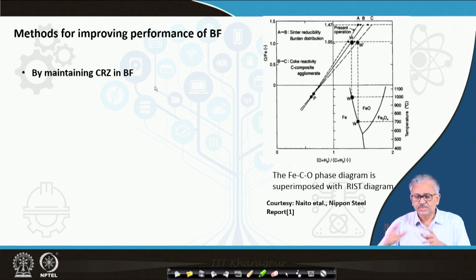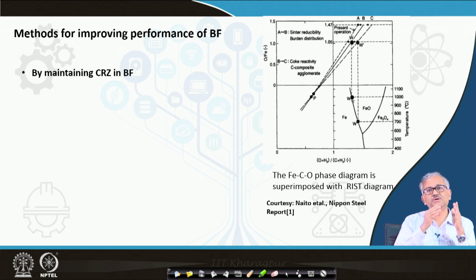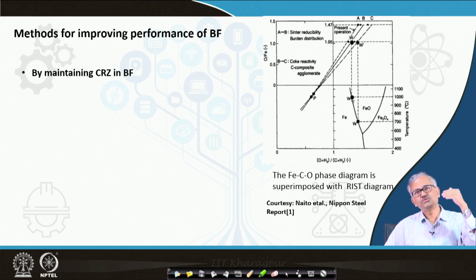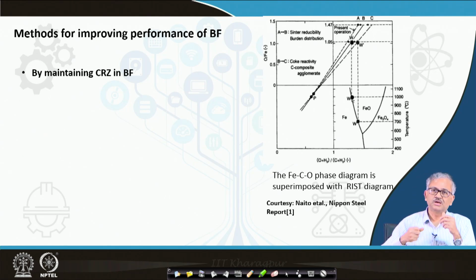If you can attain the equilibrium, then it will be the maximum efficiency, obviously. Otherwise, the CO in the gas will be higher than the equilibrium requirement. Already, after 30% utilization, there is 70% CO, and when it moves up, we have seen that it is more than sufficient to take out the oxygen from the higher oxide indirectly.